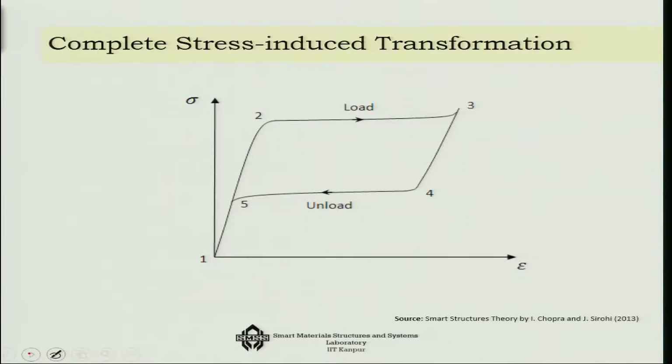If I look at the pseudoelastic behavior, that means here I am at austenite phase, and then I am increasing the load, up to 0.2, the elastic loading is over, suddenly the phase transformation happens.